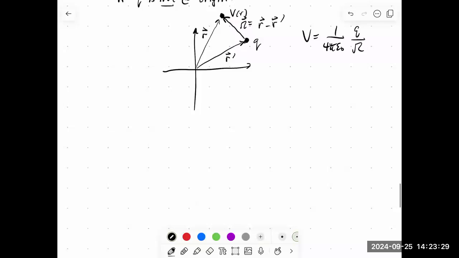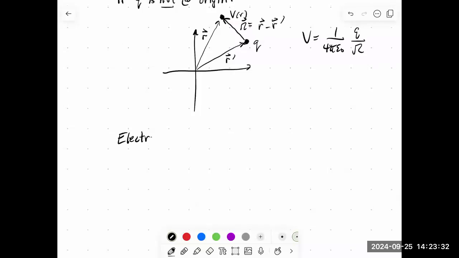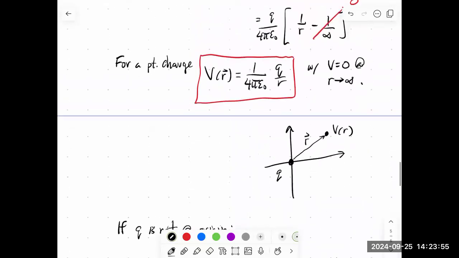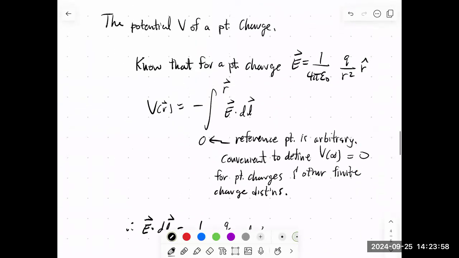Okay, so electric potential due to many point charges. Well, what we would do, I probably won't write it down, is we could just do this calculation for E equal to a sum of the electric fields due to a bunch of point charges.